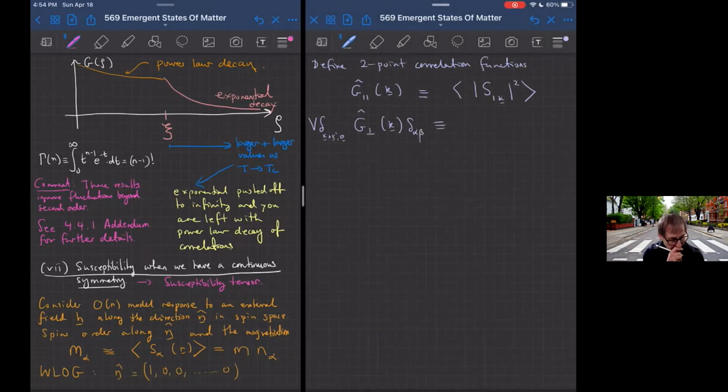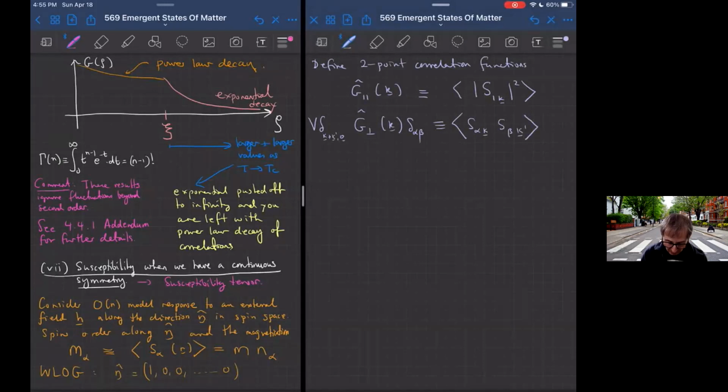So that's going to define for me a scalar quantity G perpendicular of k, and this is going to be S in the alpha direction as a function of k, S in the beta direction as a function of k prime, and then the expectation value, like so.